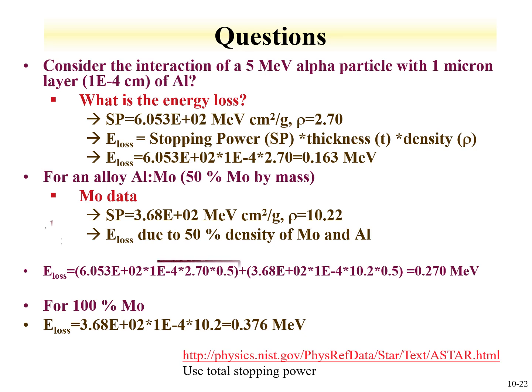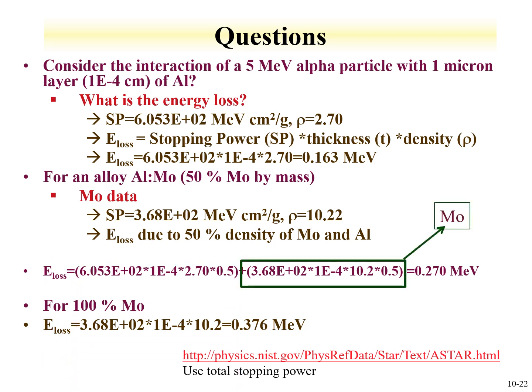There's an aluminum part, which is the same as up here, except now we've taken half of it because it's half of the aluminum density. Then we add a molybdenum component. Again, it's the same thickness, but half of that density is due to molybdenum. And what we see is that we absorb about 0.27 MeV of energy from this 5 MeV alpha particle in a 1 micron thick layer of this alloy.